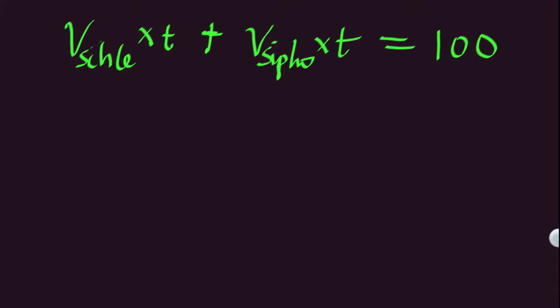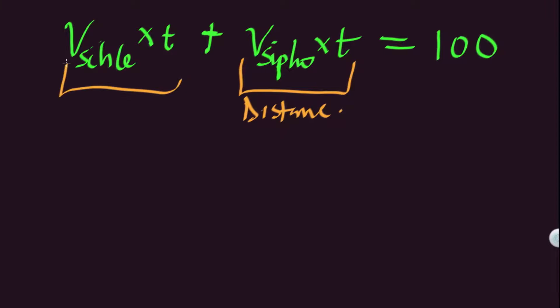In other words, what I have here is the distance. This is the distance traveled by Sipho in time t, and this here is the distance traveled by Sihle in that time. If we add them, we should get 100 meters because the distance between them is 100 meters.